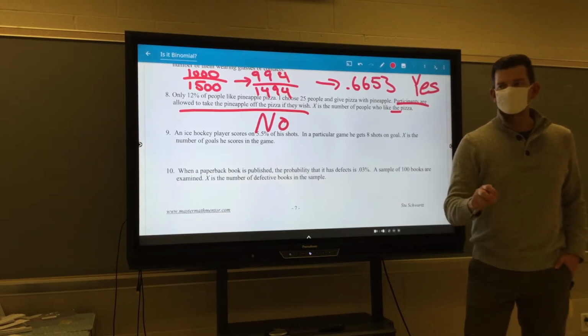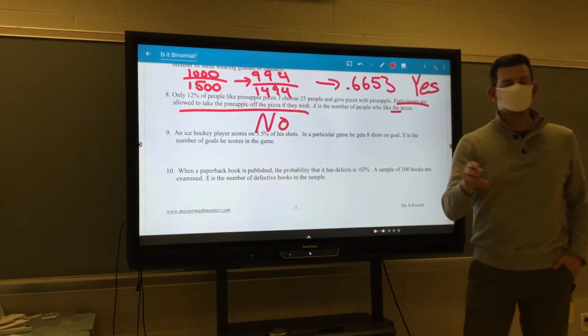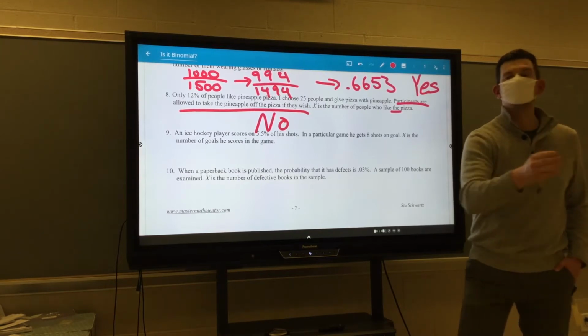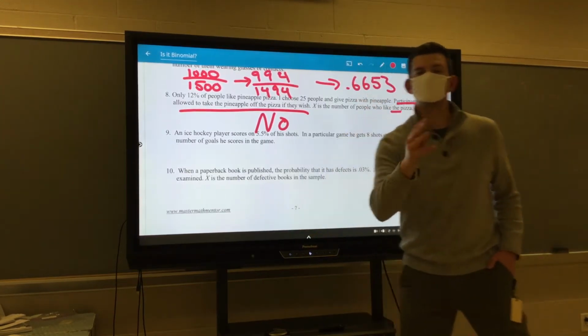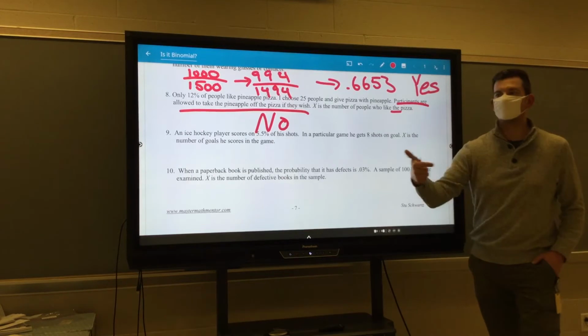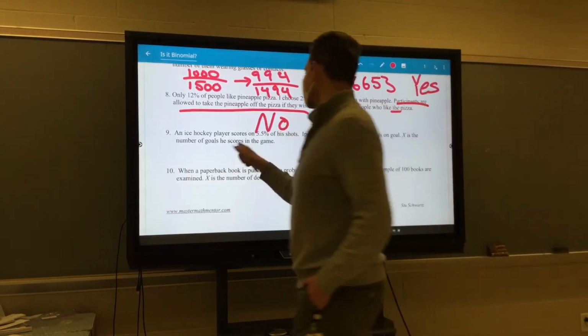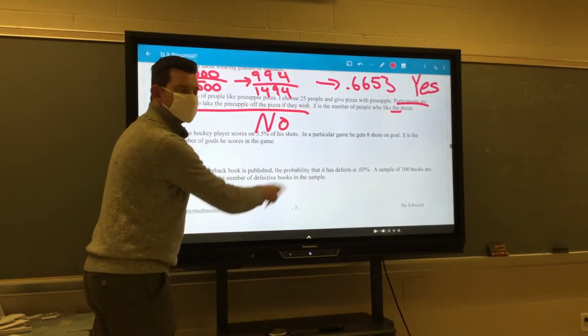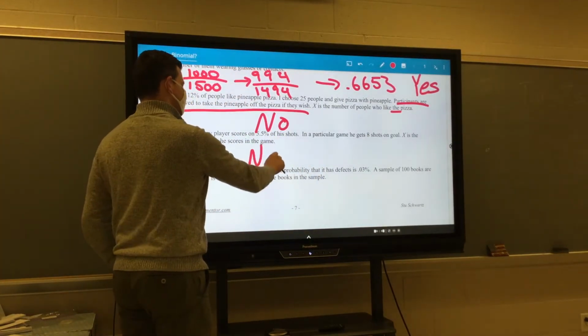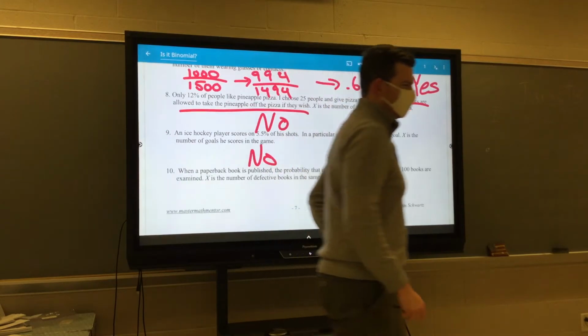However, that's not really applicable to every single shot. Each shot is going to have a different probability of being made or not. So I would say that you have changing probabilities and that this doesn't really fit that binomial model.